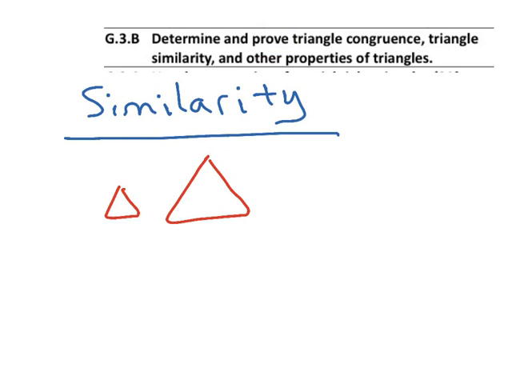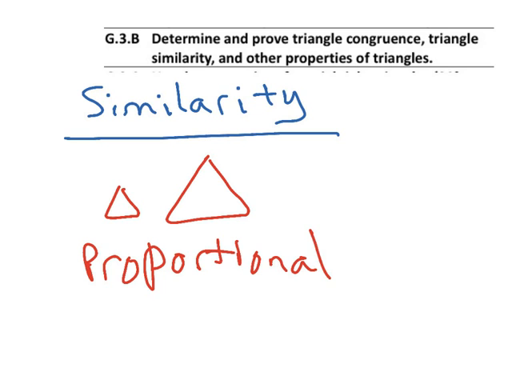Continuing on is the idea of similarity, that this means that their sides are proportional and their angles are the same. So all the shortcuts for proving congruence also prove similarity. However, there's one more that we need to add.